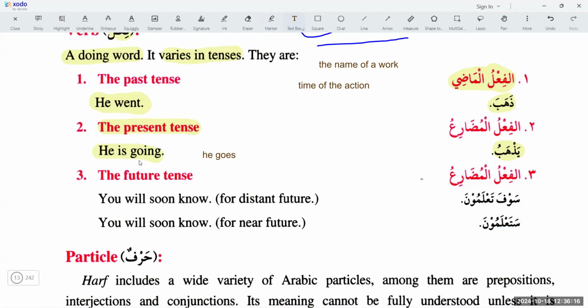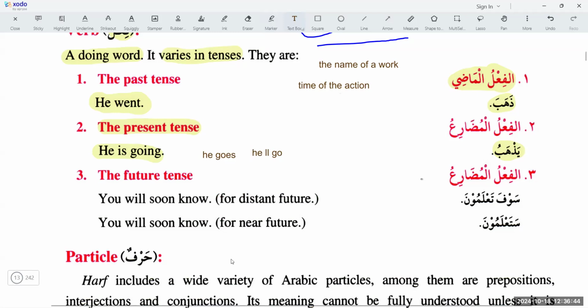For the future tense, we also use the term al-fi'lul mudari'u. We can say he will go. So yazhabu: he is going, he goes, or he will go. So it also contains a time.